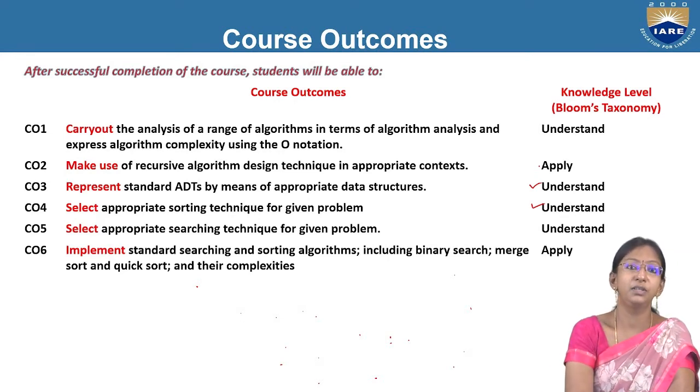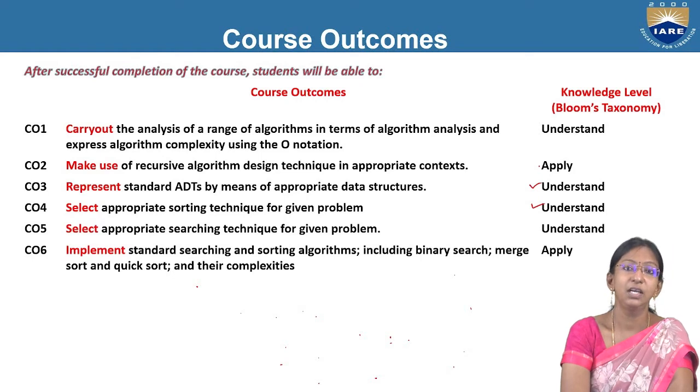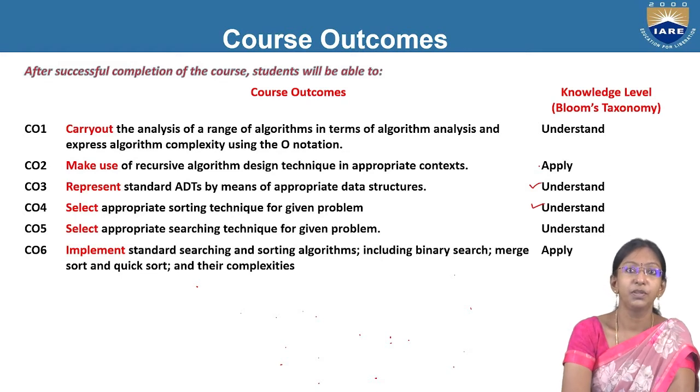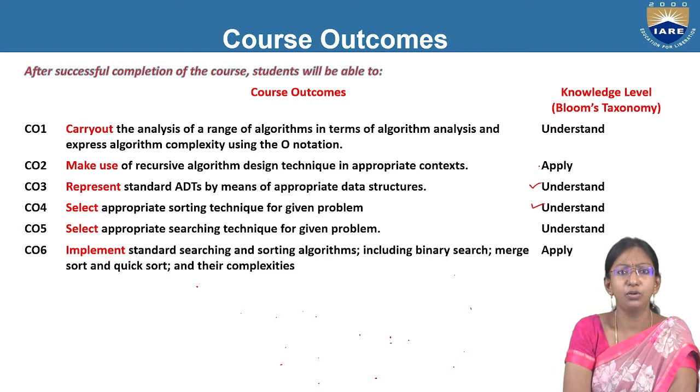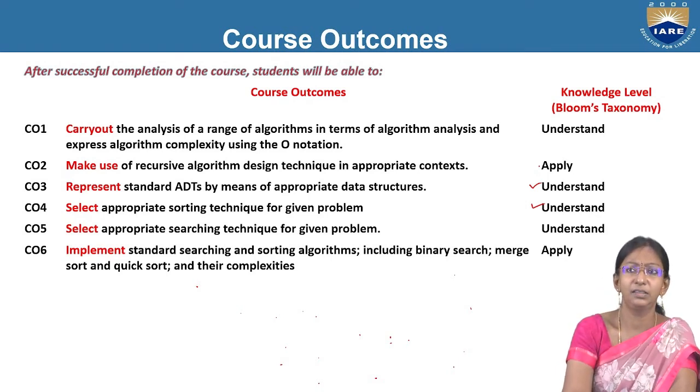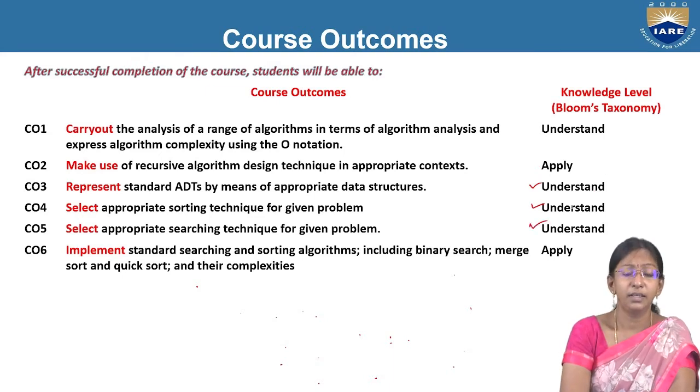But the prerequisite with binary search is that it must be sorted in nature, right? That is a prerequisite for binary search. So once you learn the in and out of linear search and binary search, you will be able to understand their working, right? And the cases or the problems where you can appropriately use them.